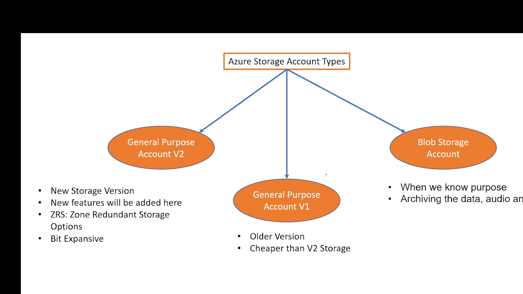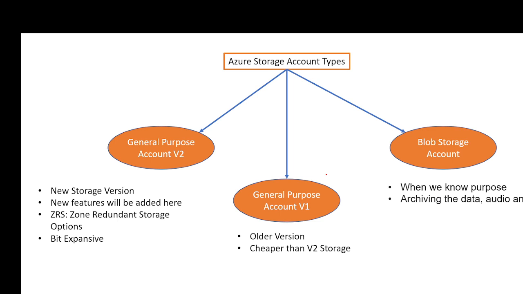You have zone 1, zone 2, zone 3, and you can restore the data to the virtual machines in the other zone as well. Since it provides all these features, it is a bit more expensive compared to version 1. That is version 2.